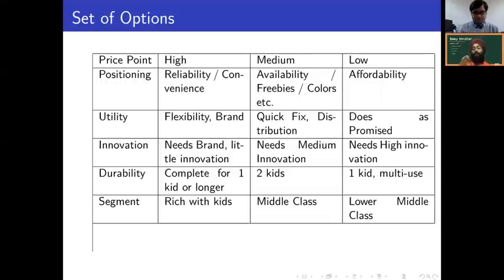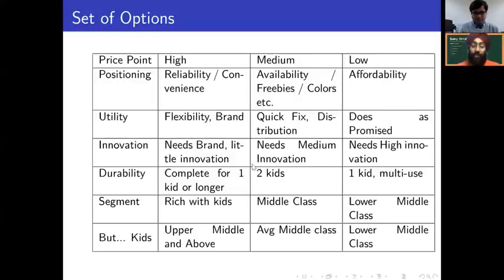So usually, if you look at the segment based on the prices, the segment for the high price point will be rich kids, rich people with kids. For medium, it will be the middle class. For low, it will be lower middle class. But you're forgetting something. This is a product with kids. The best thing about products with kids is people are willing to spend out of their budget as well, right?